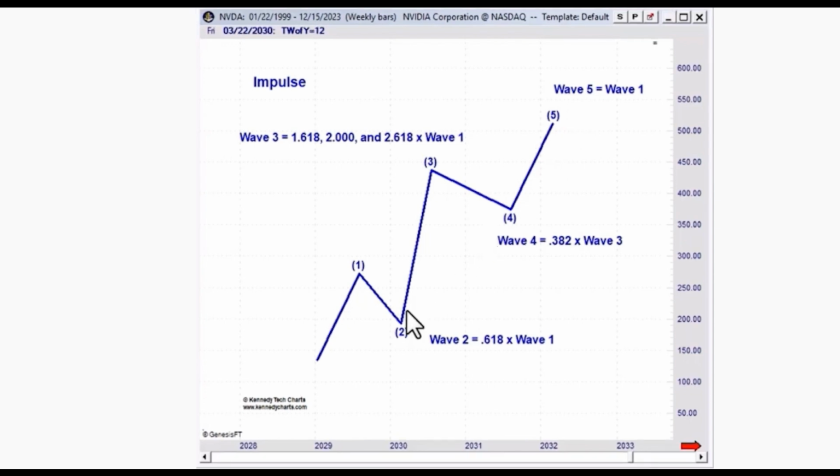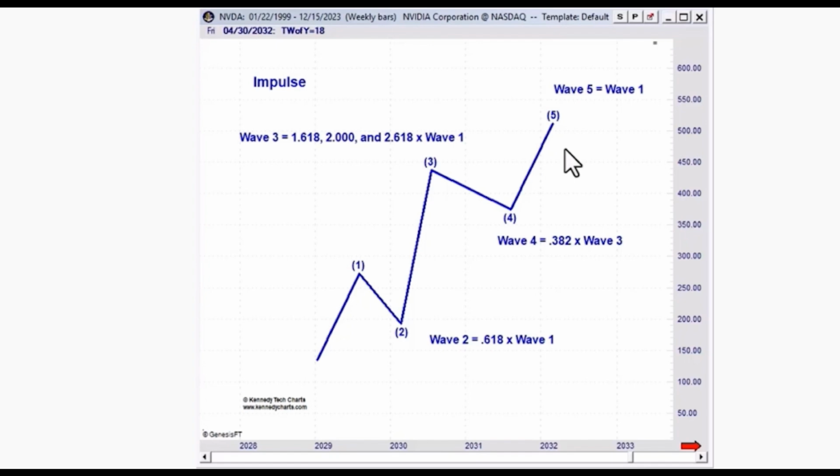Again, in the equity market or the indices, whenever you have an impulse wave, wave 3 is typically going to be your longest wave. And when that occurs, we tend to look for wave 1 and wave 5 to be equal in length.